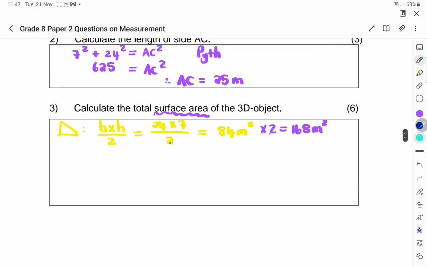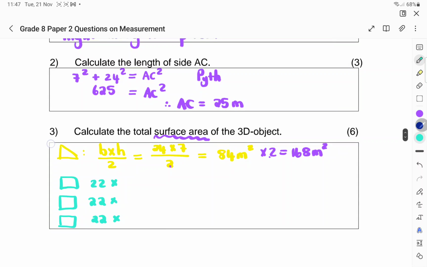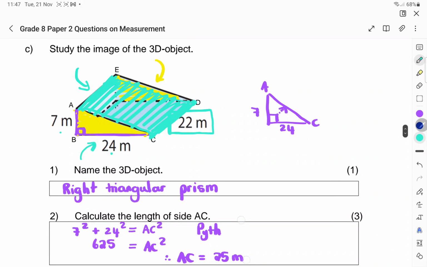For the rectangles, there's 3 of them, and that 22, I always say he's marrying all 3 of the sides of the triangle. So if it's hard for you to see that it's 22 times that, the back is going to be 22 times that, bottom 22 times that.